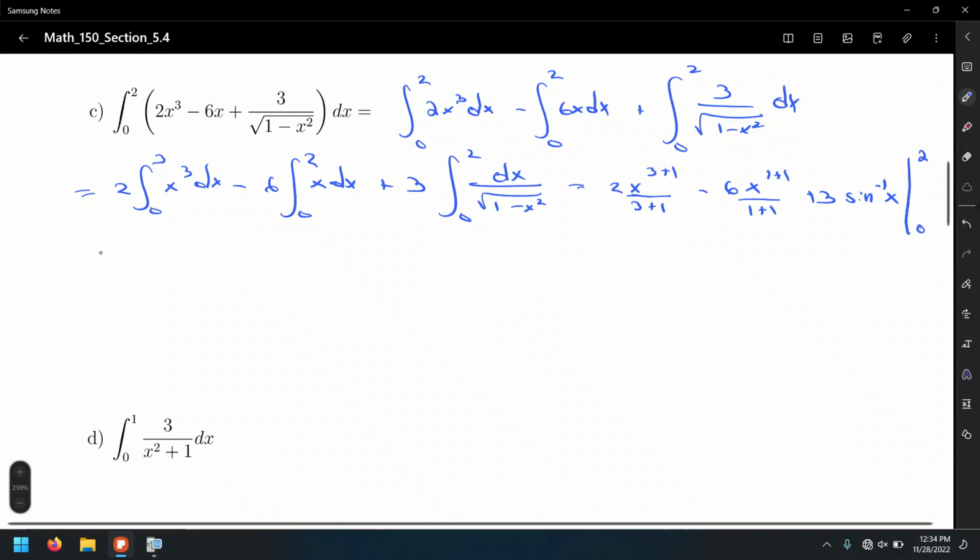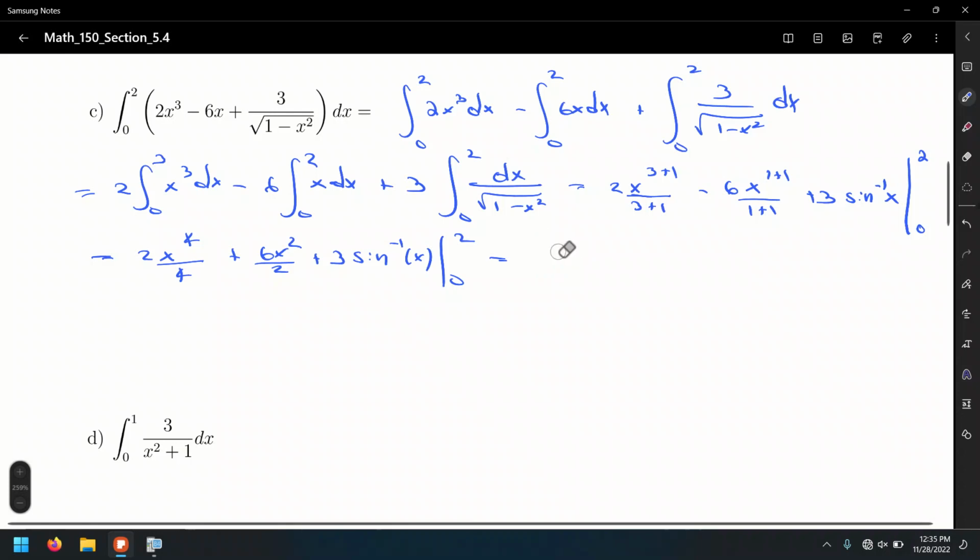And we'll simplify, so that's 2x to the 4th over 4 plus 6x squared over 2 plus 3 arcsine or sine inverse, either way, from 0 to 2. This reduces to 1/2 x to the 4th.